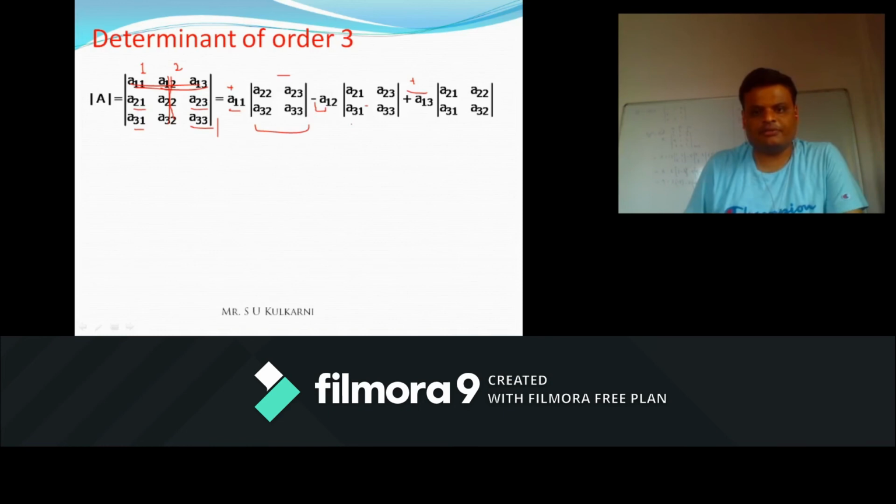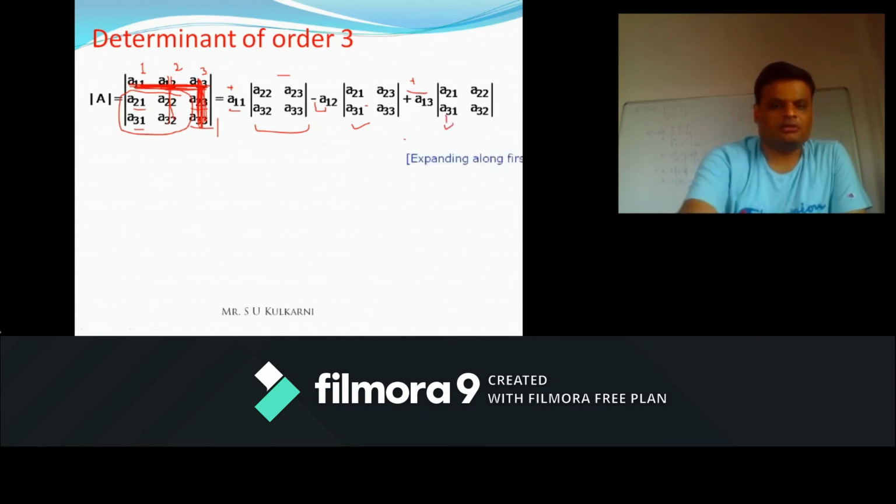So here you have a determinant remaining. And similarly for the last one, that is the third element A13, delete the first row and third column. What is remaining is A21, A22, A31, A32. So here is the remaining one.